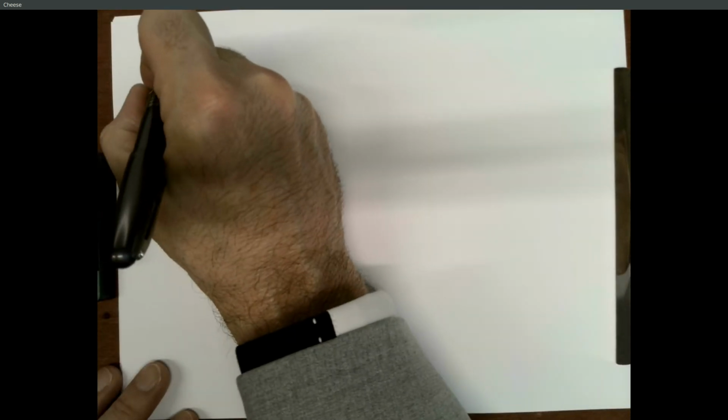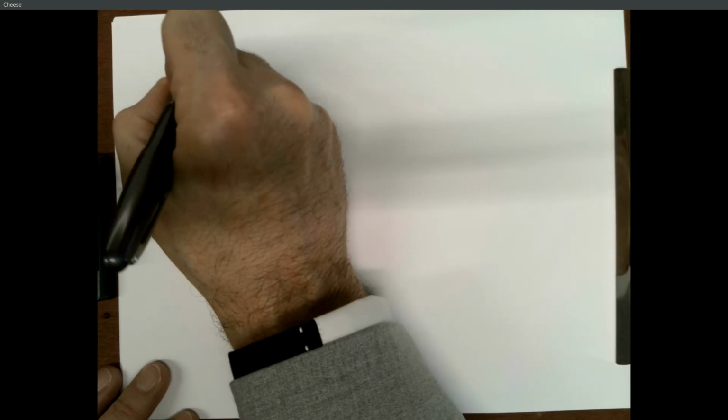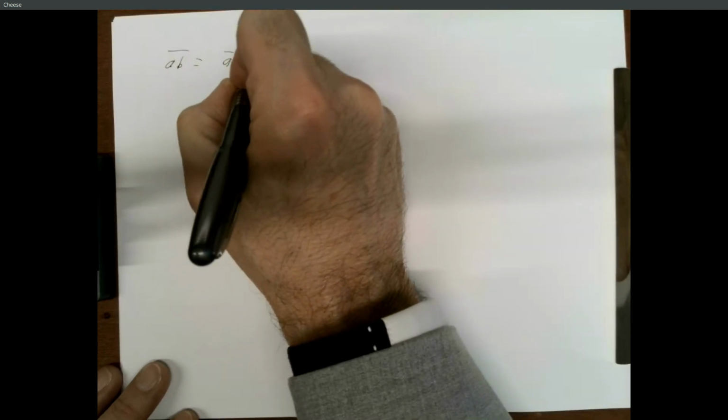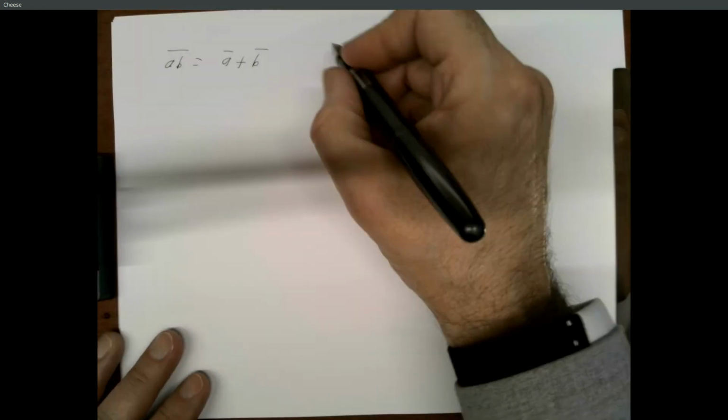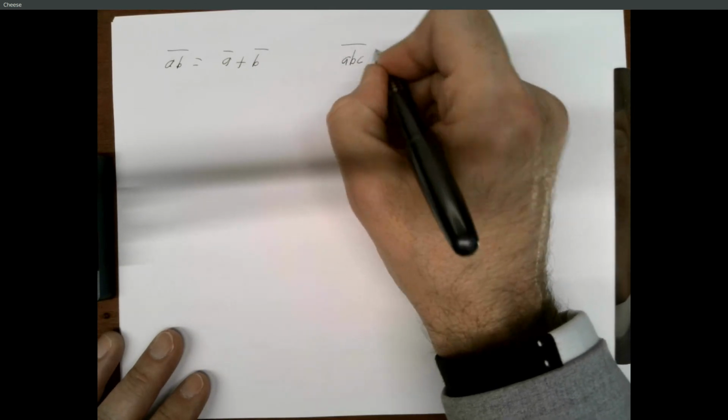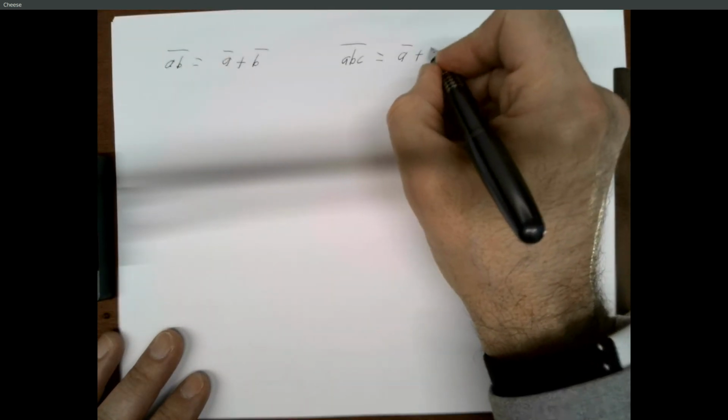All right, let's go back to 250. We have De Morgan's theorem. If you take A, B, you AND them, and you take the complement, you get the OR of the complements of A and B. Have you seen the 3-variable version?